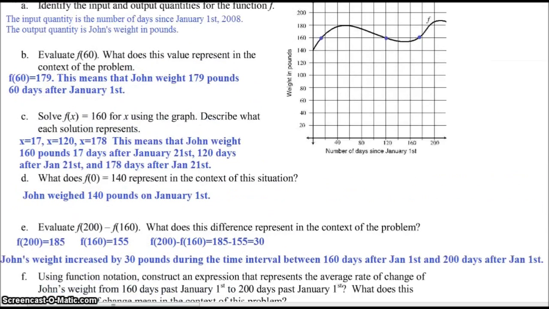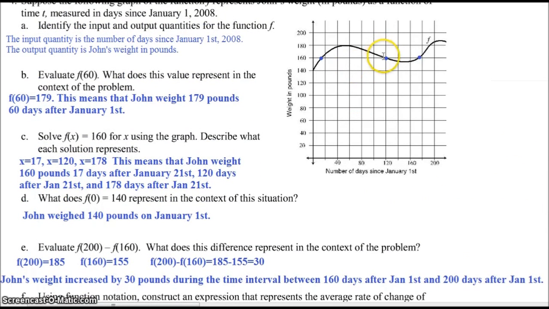Well, notice that John's weight fluctuated over those 40 days. He didn't have a constant rate of change because there's not a linear function here.